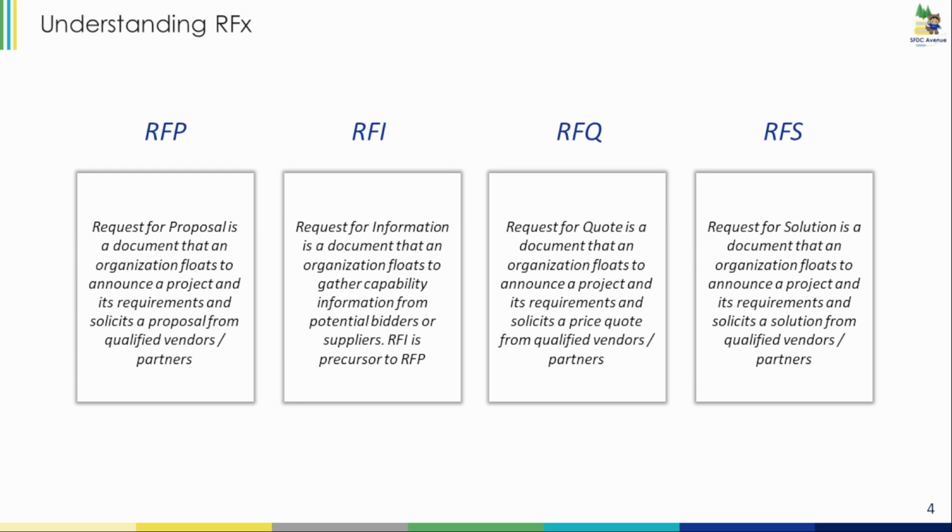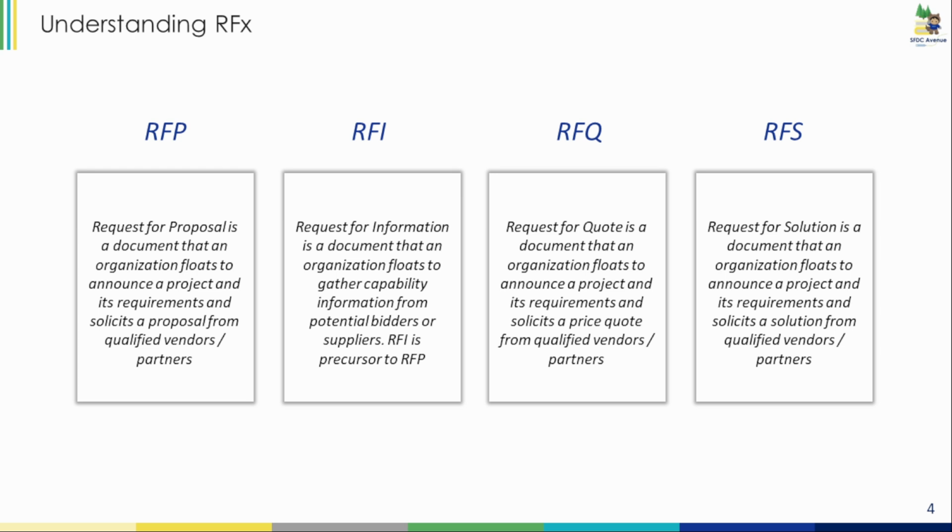Now what does qualified vendors or partners mean? They don't circulate this RFP to all the vendors or all the partners. They do a basic qualification check, and only then will they send this RFP document to their vendors or partners. That qualification is a separate process that normally happens before RFP is floated, and that process is known as RFI, that is, request for information.